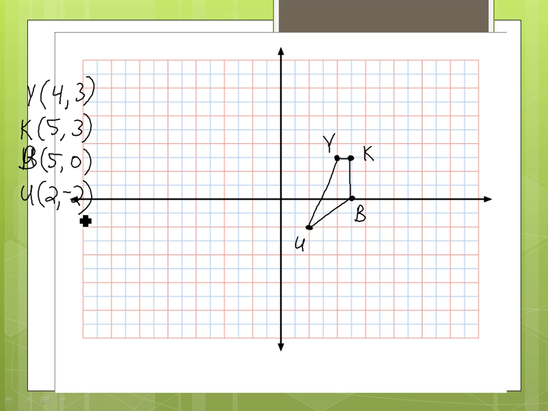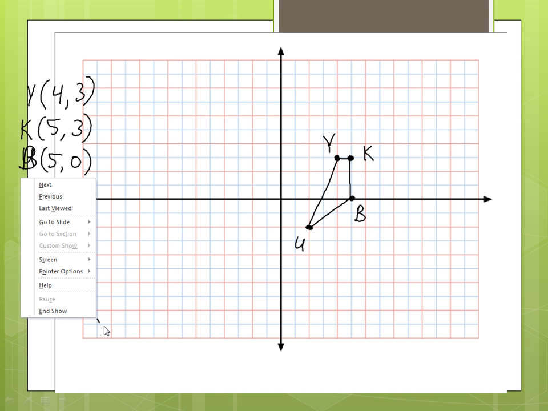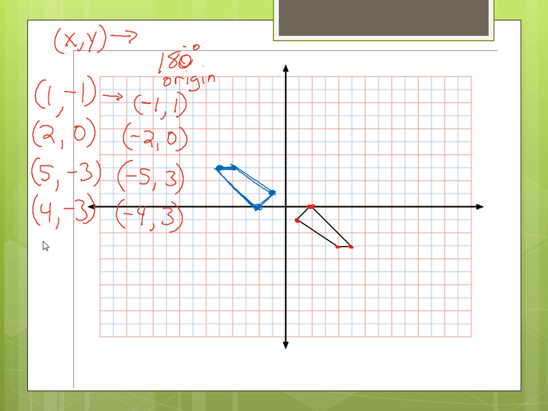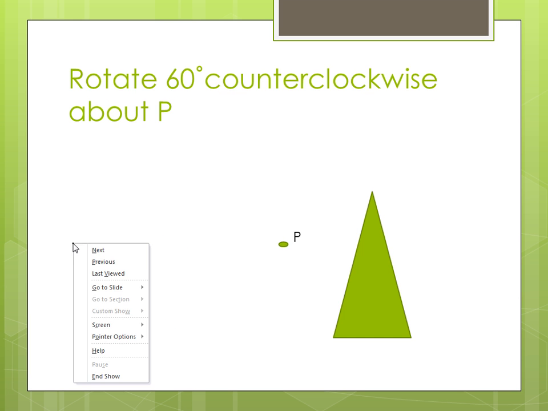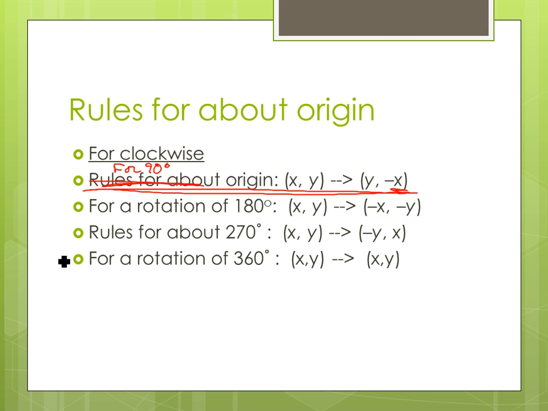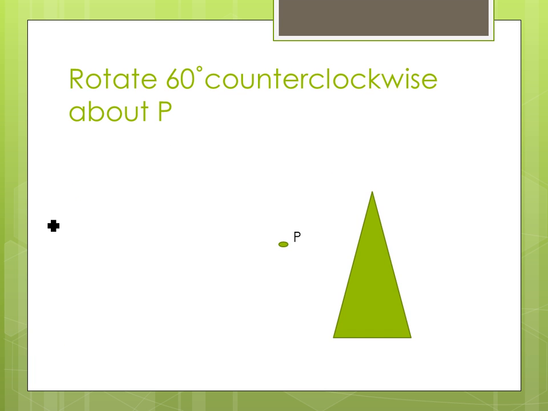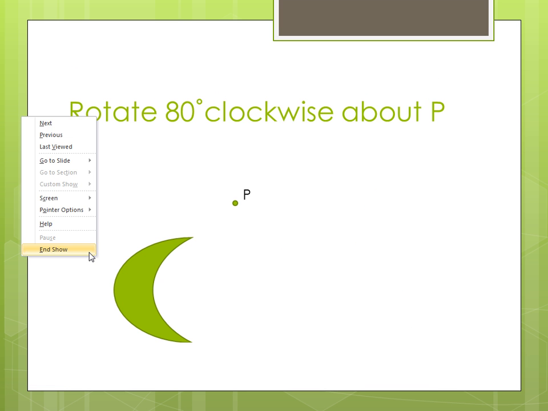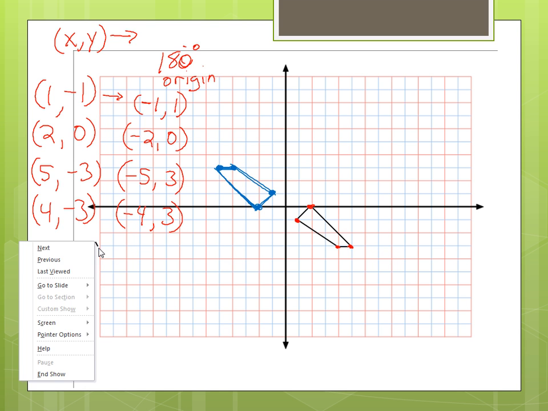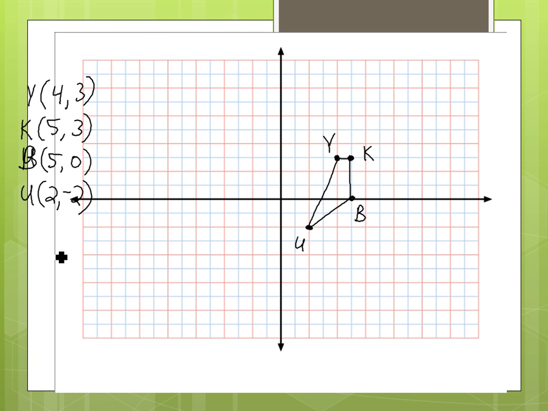This time we want to go 90 degrees clockwise. Make sure I read the rule right this time. We want 90 degrees clockwise, so it's this rule. XY goes to Y -X. So we want to turn it to Y -X.